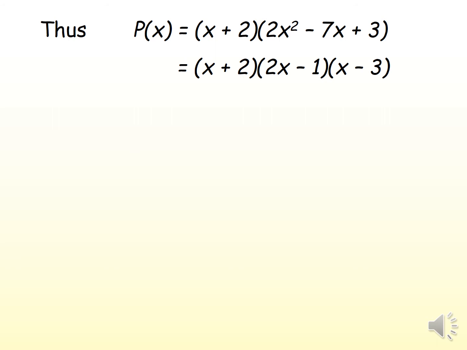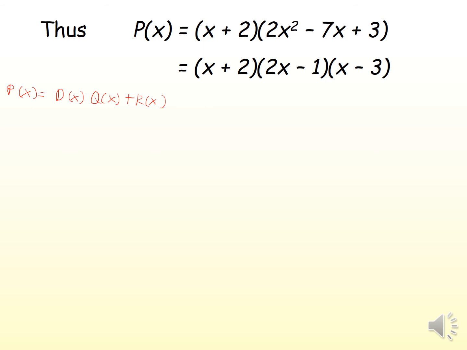Now, from the standard form, P(x) equals D(x) Q(x) plus R(x). R(x) is the remainder. Now the remainder equals 0.